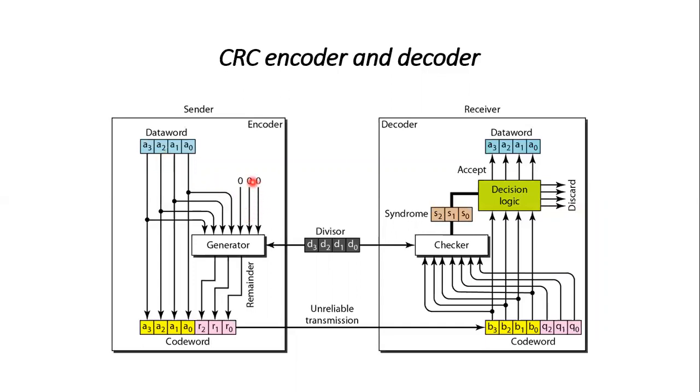We generate 3 extra bits. Therefore, the code word now becomes A0, A1, A2, A3, along with the generator's bits. So this we send to the receiver.